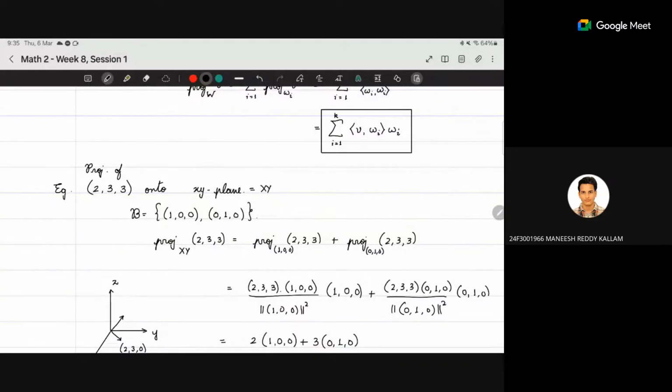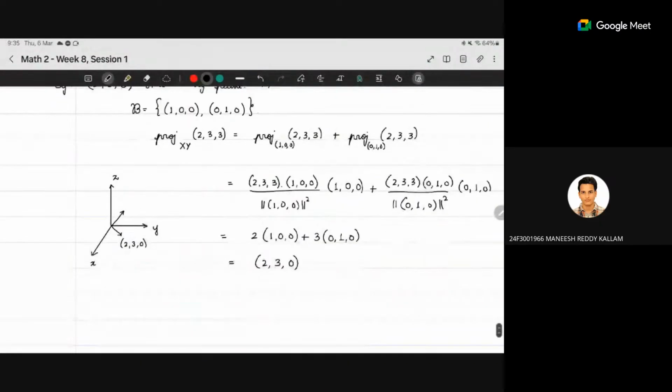So in this case, what is the direction orthogonal to the xy plane? It's the z direction.